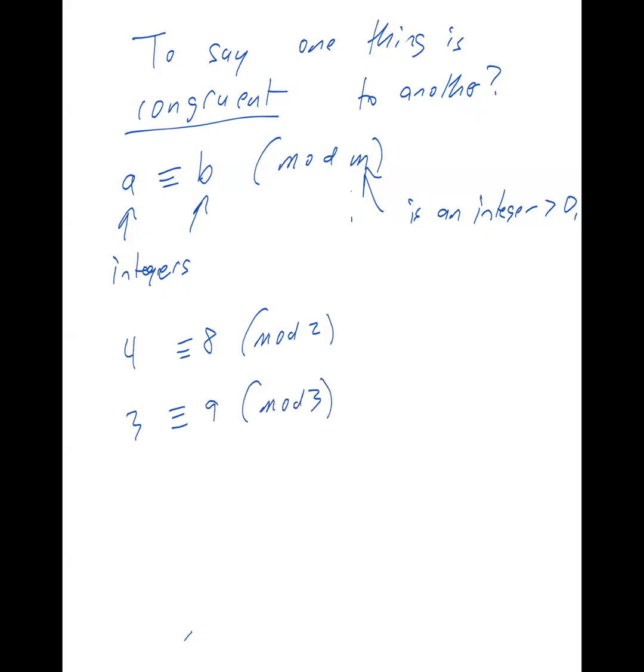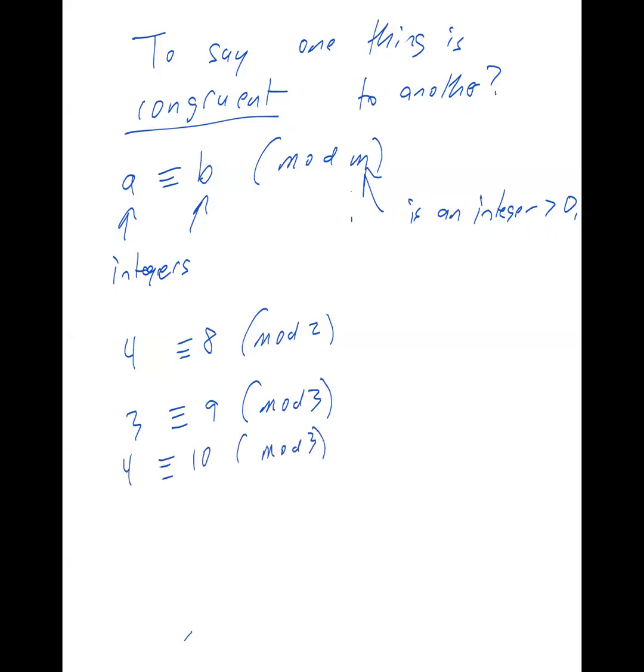So the part that says mod M, that's like the base which you're talking about. That's what forms the relationship. So in mod 3, 3 is a multiple of 3, 9 is a multiple of 3. But it also goes beyond that. If you add 1 to both sides, you'll get 4 is congruent to 10 mod 3.